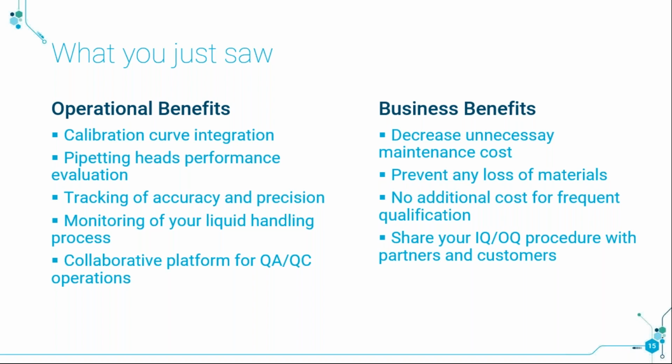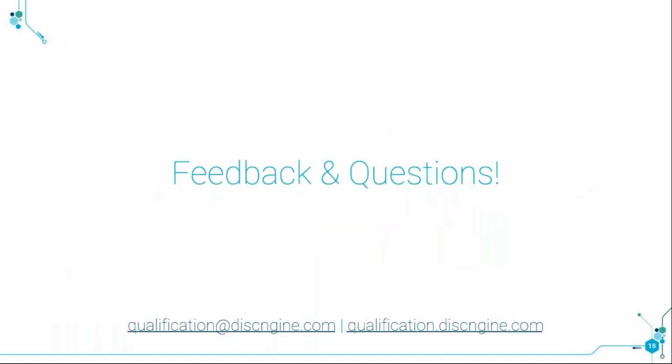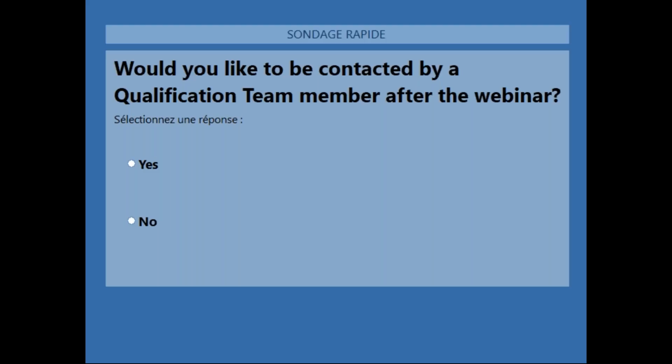Before going to the feedback and questions session, we first have a few questions for you. You can answer directly on your screen. The first one is: after what you just saw, would you like to be contacted by a qualification team member after the webinar?